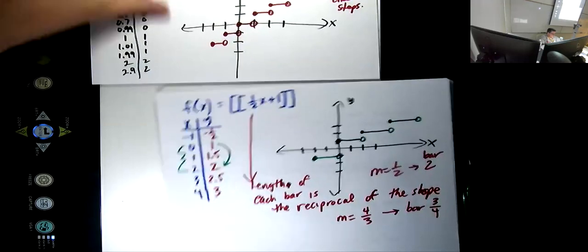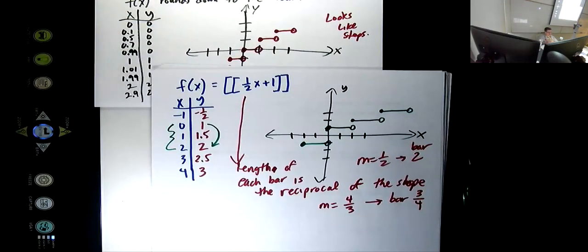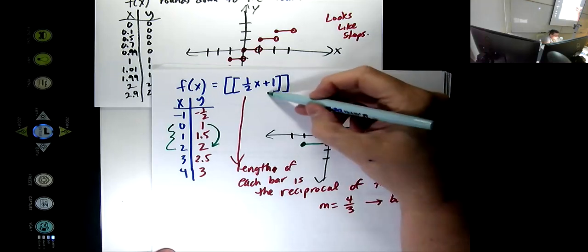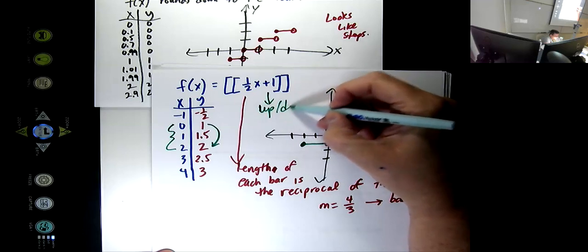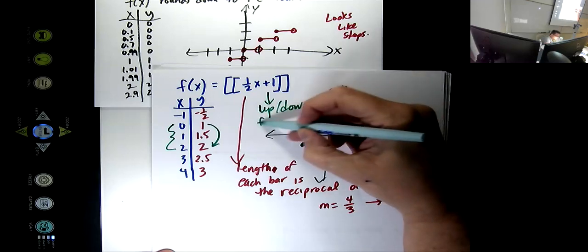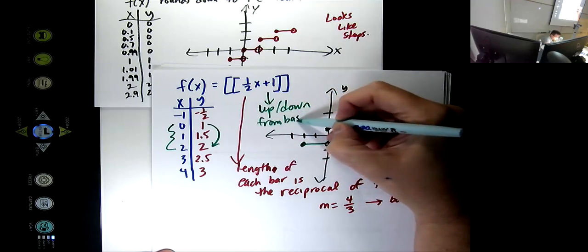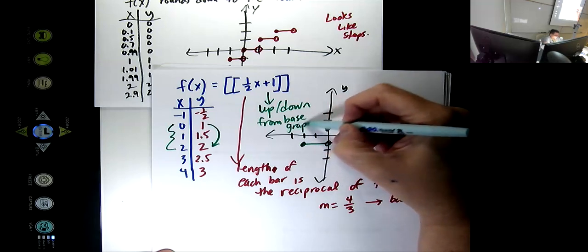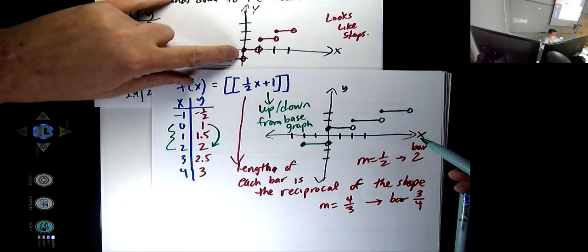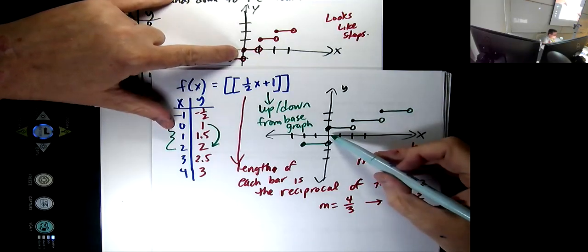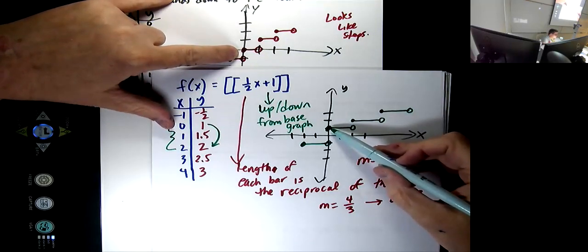And compared to the original greatest integer function, this shows how far up and down from the base graph. The base graph started at 0, 0. This one moves up 1 and it starts at 0, 1. Did you guys see that?